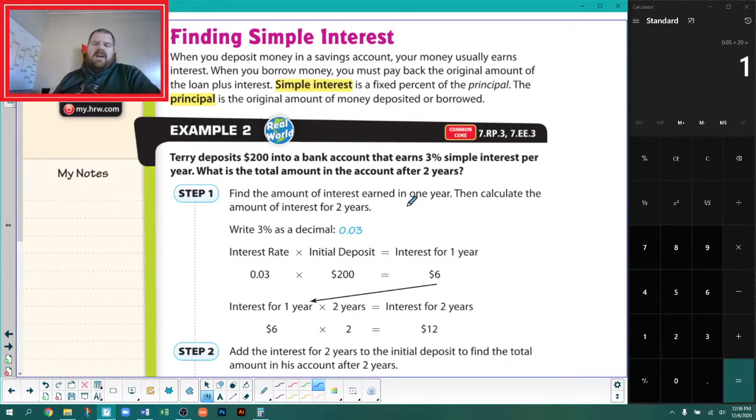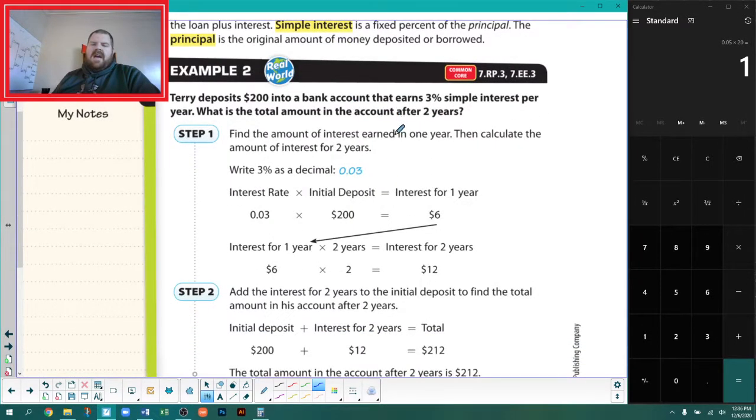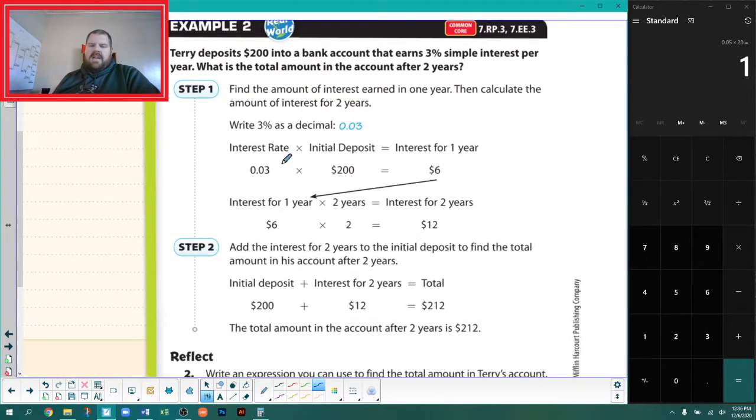And we want to find the total amount in the account, assuming that Terry doesn't use any of that money after 2 years. So we want to find the interest earned in 1 year, then calculate the amount of interest for 2 years. So we write 3% as a decimal, 0.03, and we take interest rate times initial deposit.